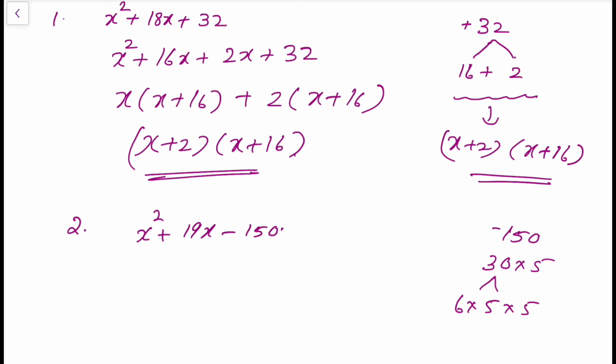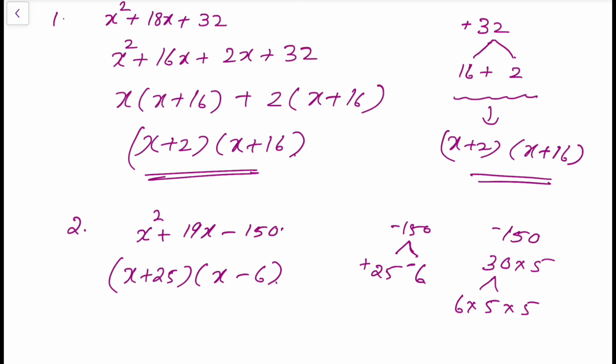Now 25 and 6: minus 150 is 25 into minus 6, so it is plus 19x. So this is plus and this is minus. If you add, 25 minus 6 gives 19, and if you multiply 25 into minus 6 you get minus 150. So you can write it in the short way, x plus 25 into x minus 6.